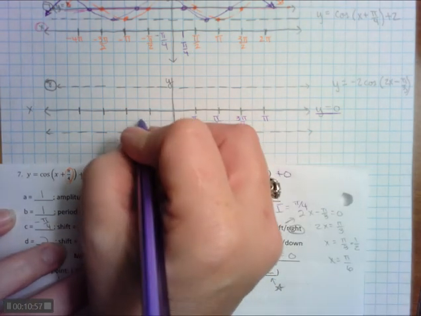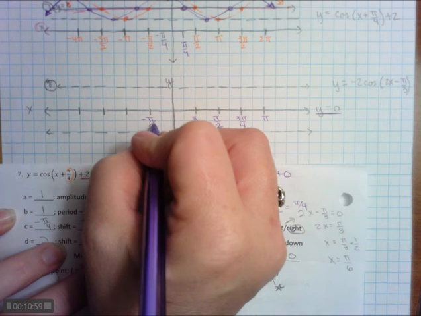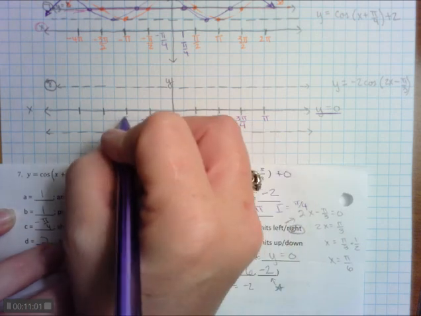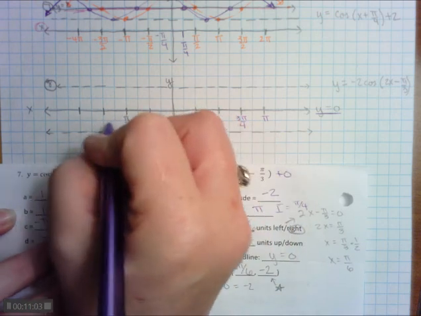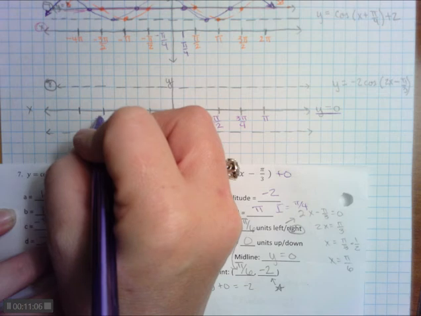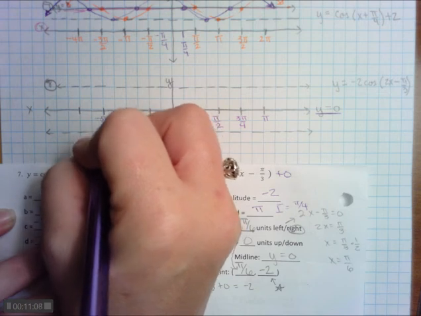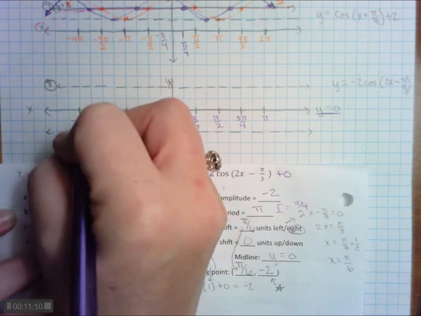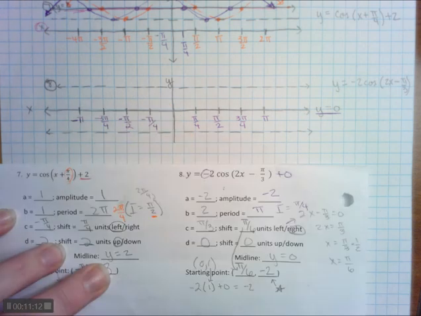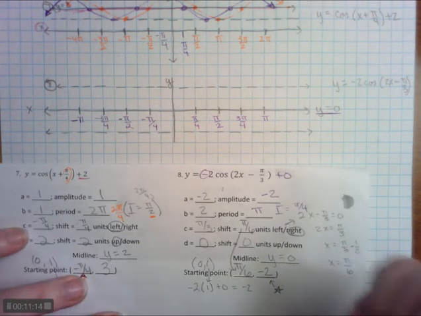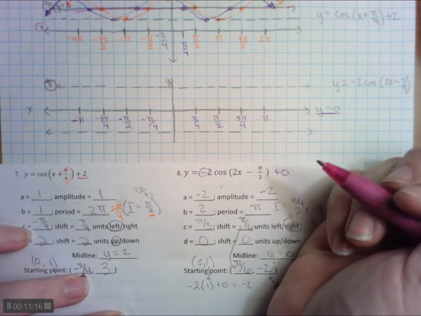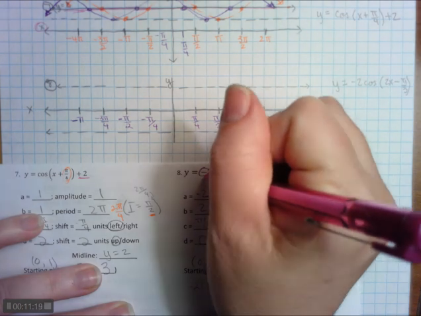Okay? This is negative pi over 4, pi over 2, negative 3 pi over 4, negative pi. There we go. We've got them all in. All right, so we're going to go ahead and start a cosine graph.